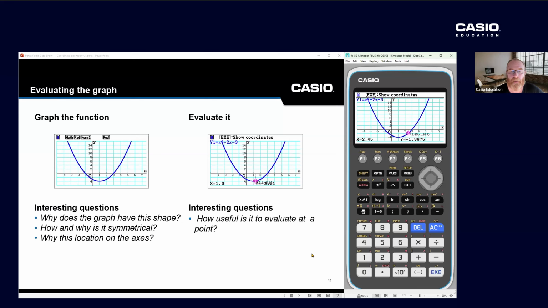You can extend that by saying, if we have our curve and we are tracing points, so we're evaluating particular points, how useful is it that you can evaluate at any point, with any degree of accuracy that you like? That's quite useful, I think, personally, especially when you are asked to evaluate either functions or their transformations. Can you evaluate all points?